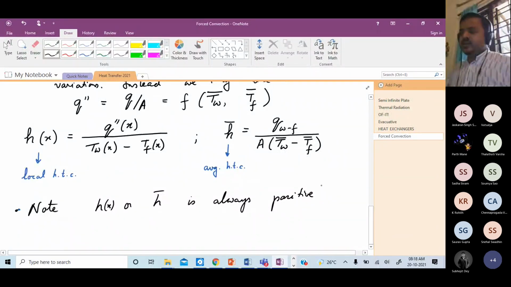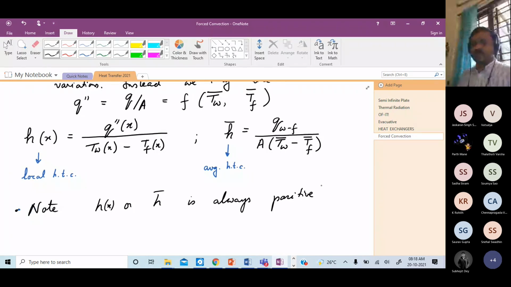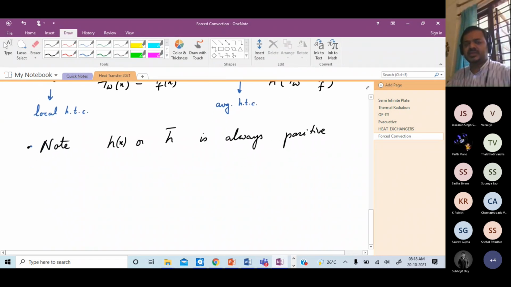The direction of heat flow will be decided by whether Tw is greater than Tf or Tw is less than Tf. But h will always be positive. We never say that the heat transfer coefficient is negative. So this is the very basic definition of what is heat transfer coefficient.